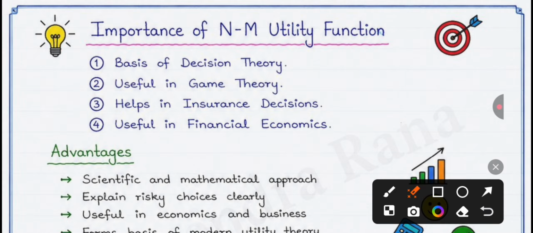For example, a person may choose insurance because avoiding a large future loss gives greater utility. I hope you all have understood.